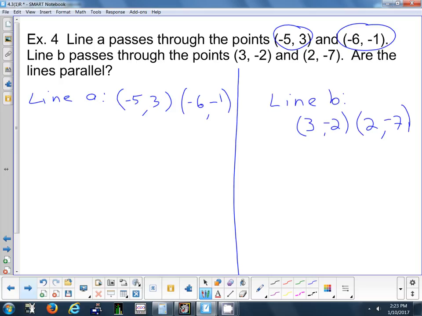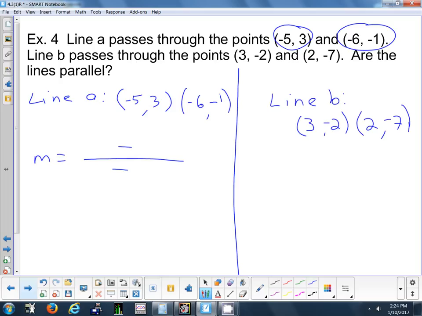No, because what else has to happen to be parallel? They have to be different lines, yes, they have to have different y-intercepts. So if they have the same slope, then we have to check the y-intercept. But if they have different slopes, do we have to go any further? No, if the slopes are different, they're not parallel. Okay, we're done.